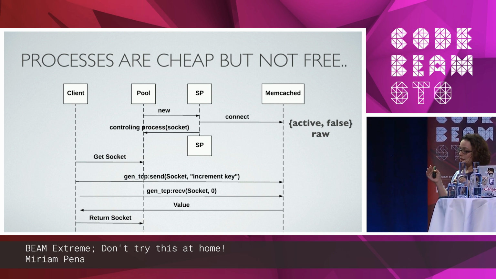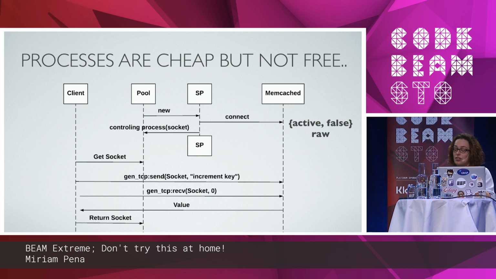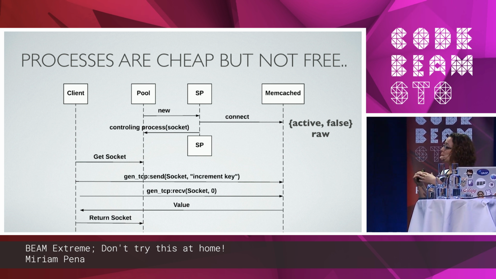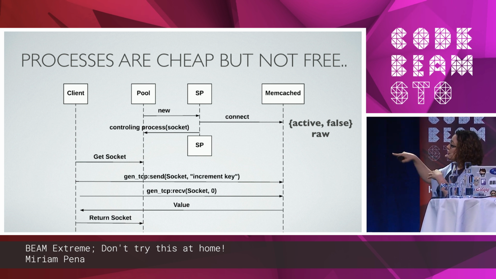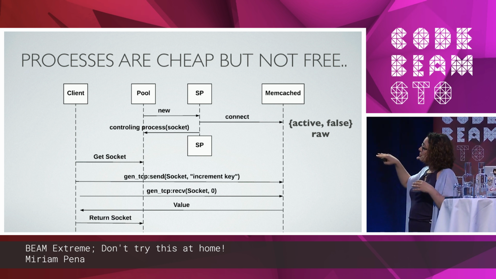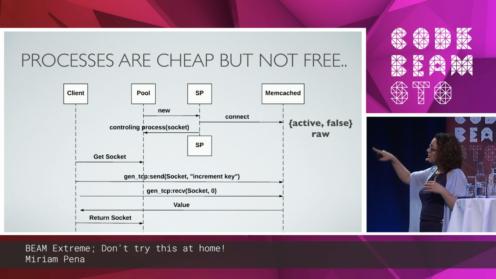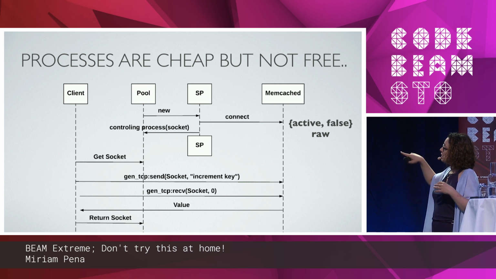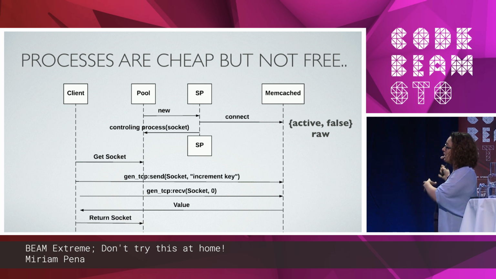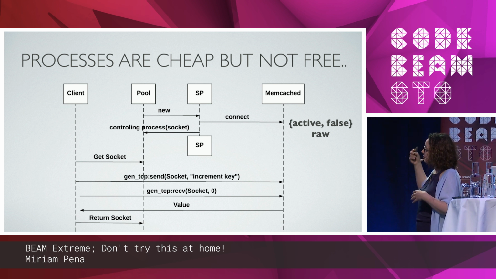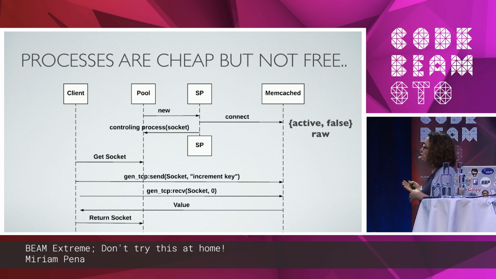So this way, of course, you don't want to create the socket on the pool because you will block the pool by doing that. But after this, all interactions with the socket are happening directly on the client process instead of in the process with the socket, which means you save this message passing with the data, and also you save some extra processes that you don't need.